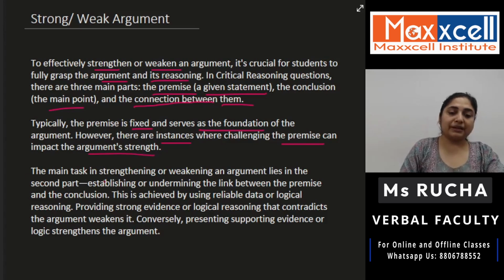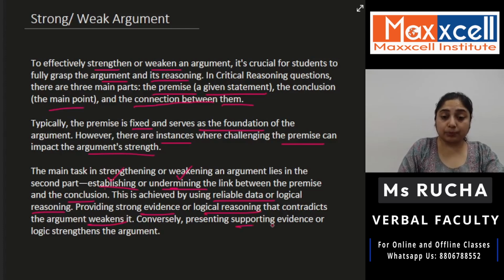The main task in strengthening or weakening an argument lies in the second part, establishing or undermining the link between the premise and the conclusion. Either you have to establish the link between these two or you have to totally negate that. This is achieved by reliable data or logical reasoning. Very important. Providing strong evidence or logical reasoning that contradicts the argument can weaken it.